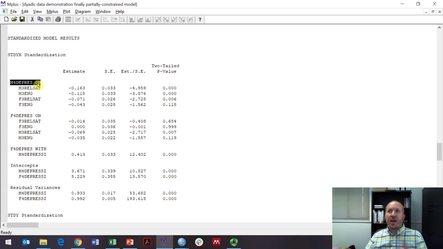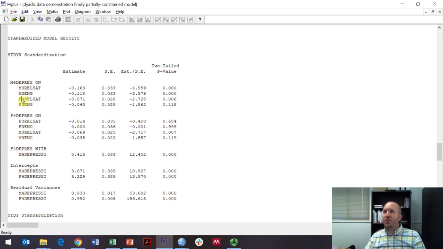So in other words, as relationship satisfaction goes up, depression goes down for themselves. So as women here report, or mothers here report, an increase in relationship satisfaction, they're less depressed a year later. And the same thing here with depression. The more that they report partner engagement, the less depression they have.